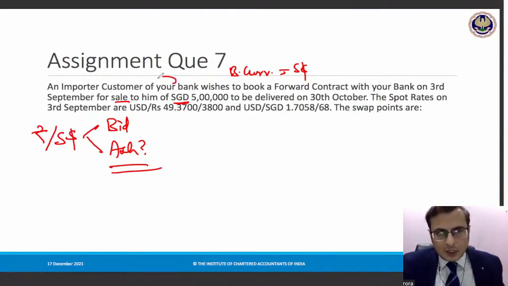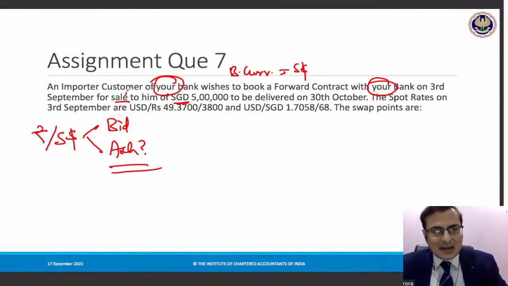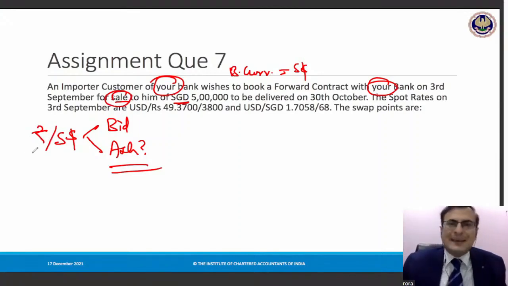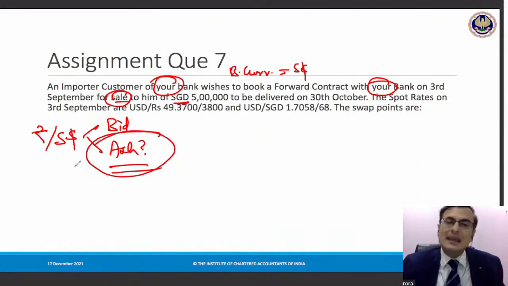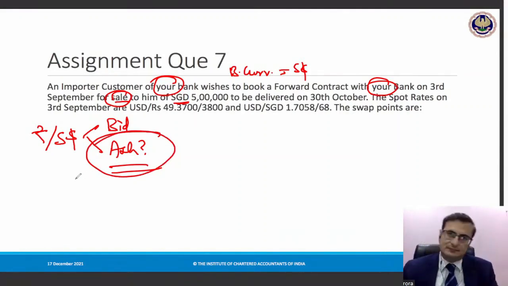So you are a banker yourself, and the bankers are selling him Singapore dollars. And at what rate does the bank sell, bid rate or ask rate? They always sell at the ask rate. Clear, guys? Understanding the logic?